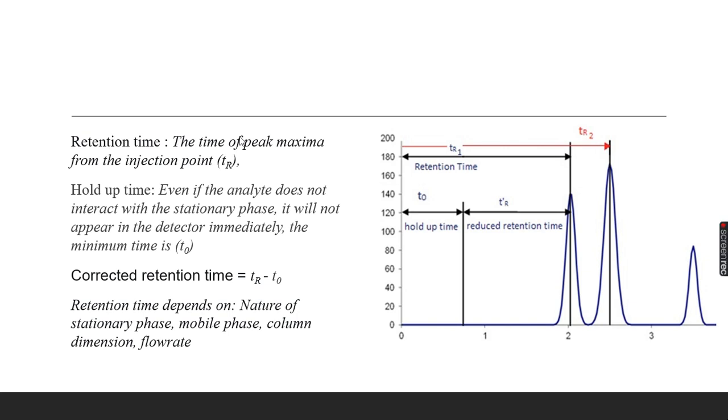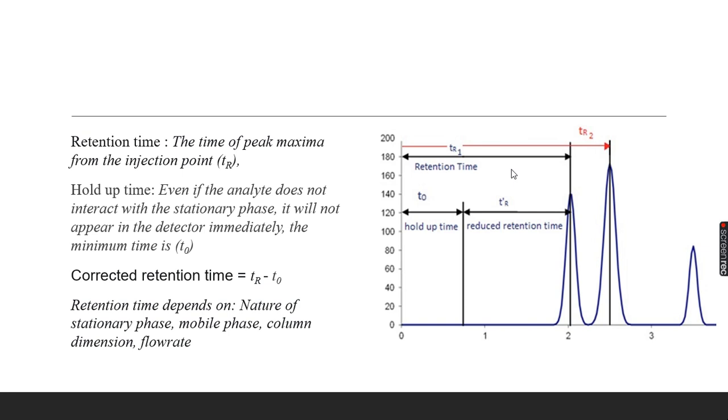That is essentially the hold up time, T0. When your sample comes out from the chromatographic system, we can find the individual peaks separated out, and the time from the point of injection to the peak maximum is called the retention time.